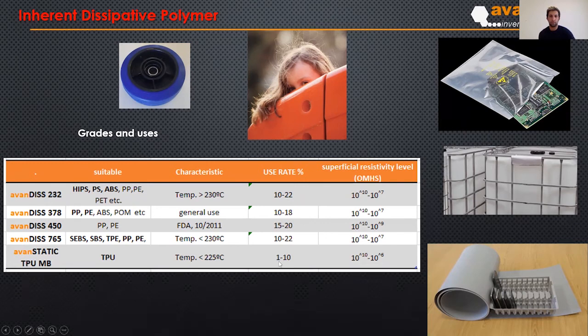For example, with a unique conductor, a dosage of 1, 2, 3, 5% is good. If we are working with the inherent dissipative polymer, we need to add at least 10 or 50%. This is important because we need to generate the network.